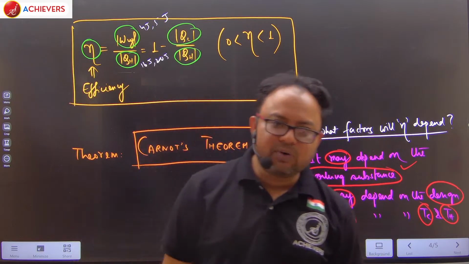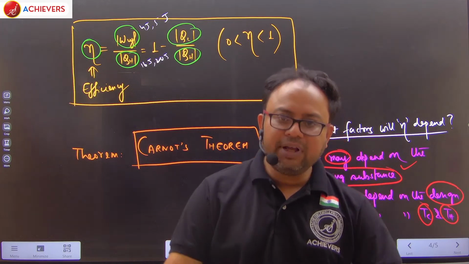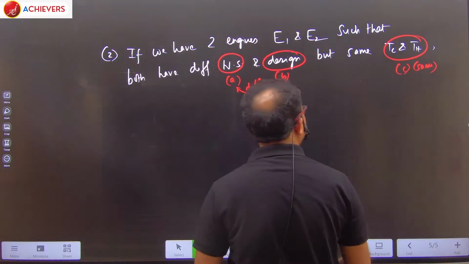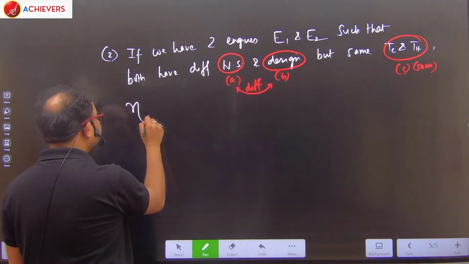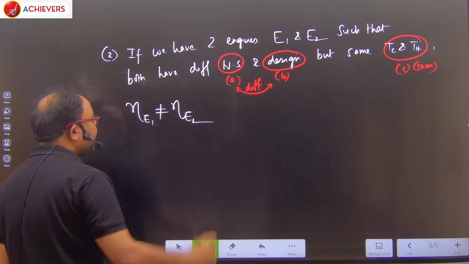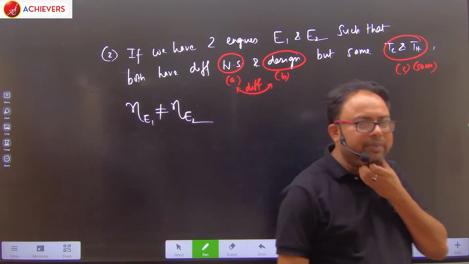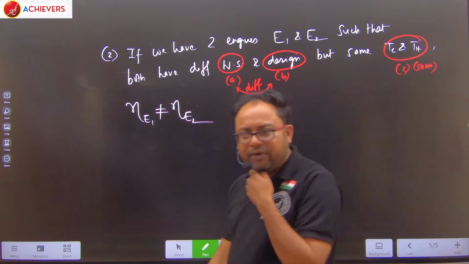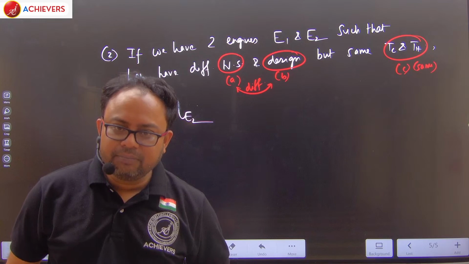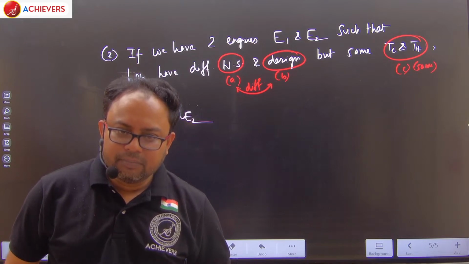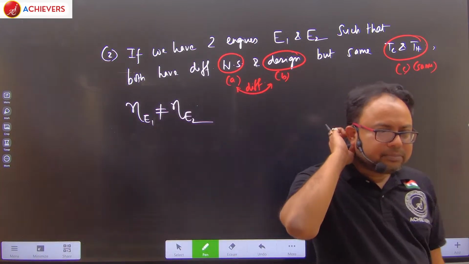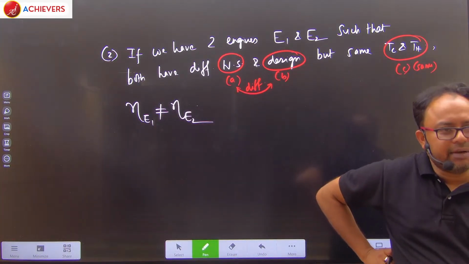So obviously eta E1 shouldn't be equal to eta E2. They will never be equal. Okay. So this is our second point.